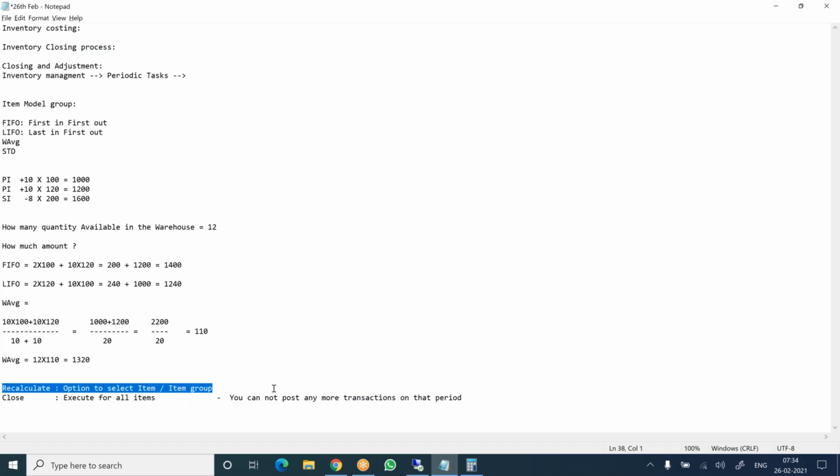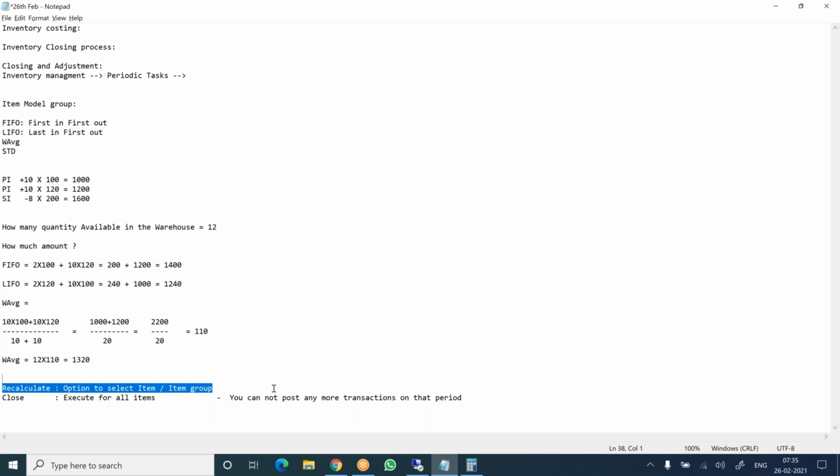Understood? Any doubt here? Anyone has any doubt in this? Sir, I have one question. Yeah. Sir, we have attached FIFO in the item, is the calculation still done based on the weighted average? So always it will be posted as weighted average.